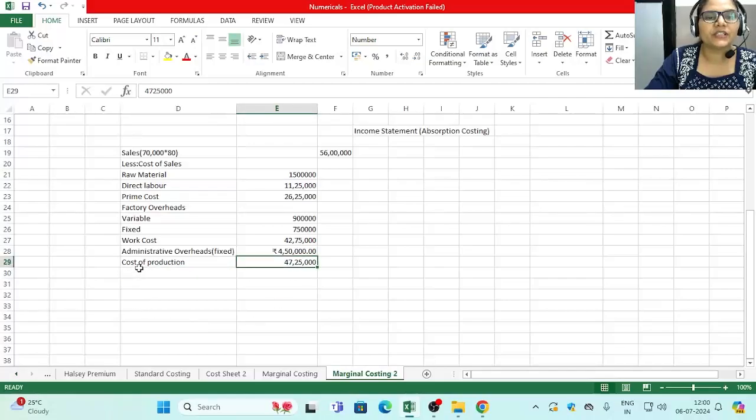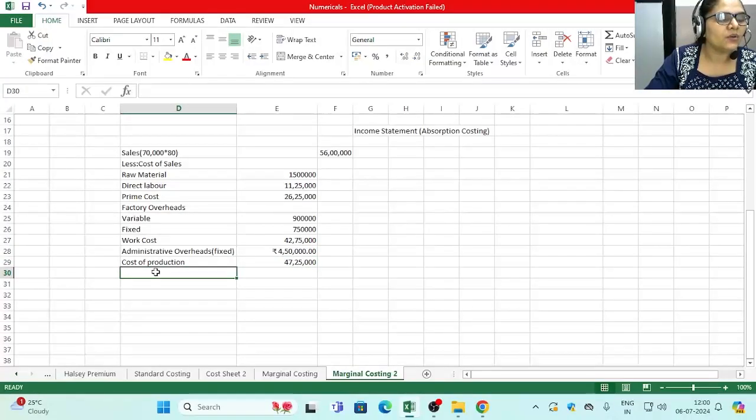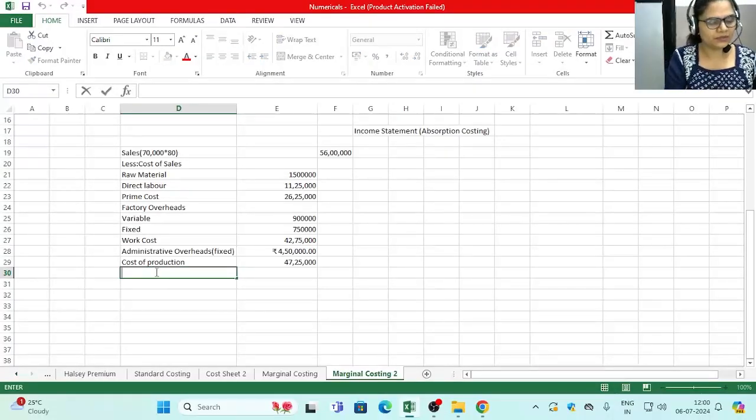Cost of production is 47,25,000. Now we know that after cost of production, we usually add opening stock of finished goods.